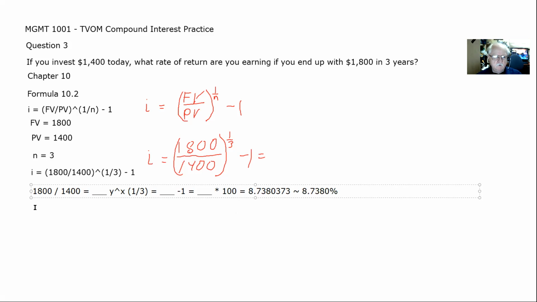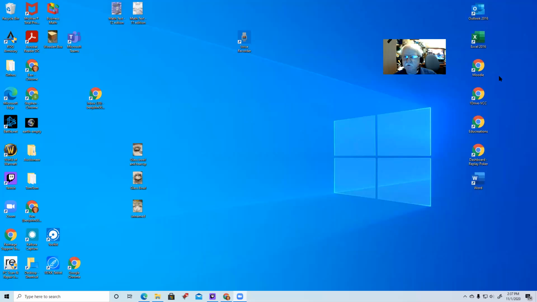And again, although it's important to know how the formulas work, it's also really useful to know how to do this stuff in Microsoft Excel. So let's go there. I need to share my screen again and go over to Excel.